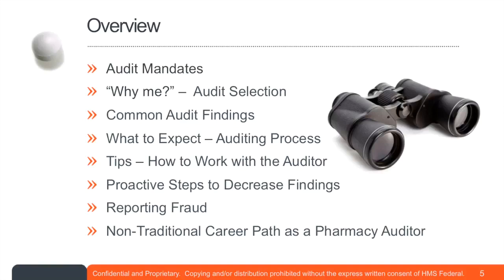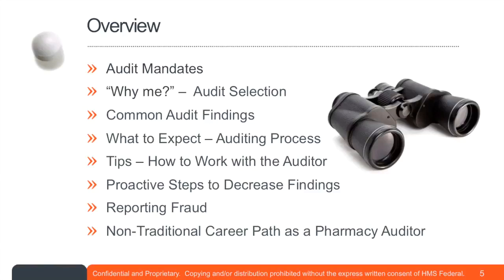Common audit findings, what to expect when the auditing process hits your pharmacy, and tips on how to work with the auditor or auditors in some cases. Proactive steps to decrease findings, so things that you can do in your pharmacy now, ideas to take away from the CE to bring to your pharmacy to help decrease findings. How to report fraud, and then again to look at that non-traditional career path as an auditor.